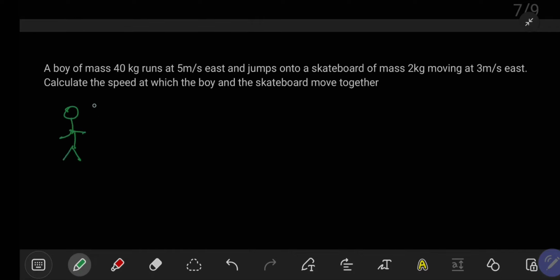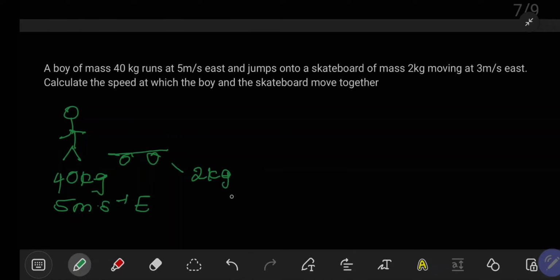Somewhere around here we have a skateboard, and this skateboard has a mass of 2 kg. This skateboard had a velocity of 3 meters per second, moving east in that direction. So this is our initial stage.